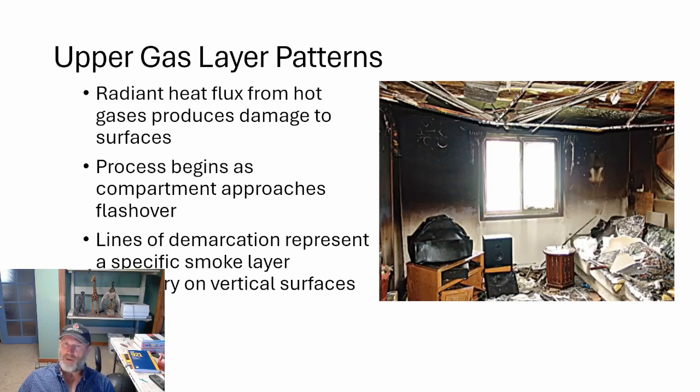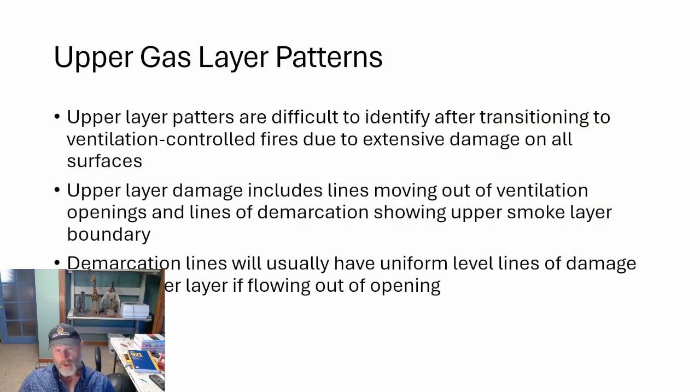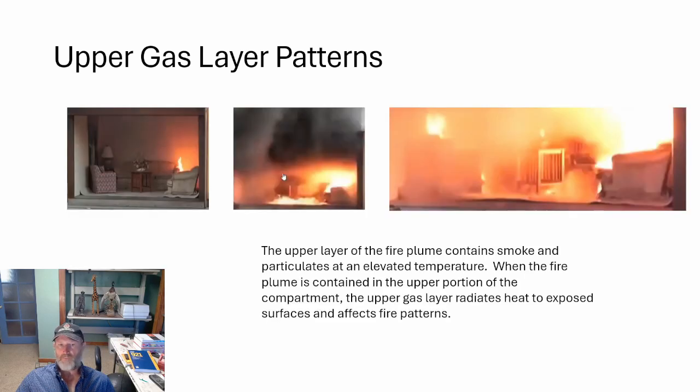So the upper gas layer patterns, at least this kind of sooty deposition pattern, are only valuable in pre-flashover conditions. The upper layer damage includes lines moving out of ventilation openings and lines of demarcation showing upper smoke layer boundaries. Demarcation lines will usually have uniform level lines of damage unless the upper layer is flowing out of an opening.